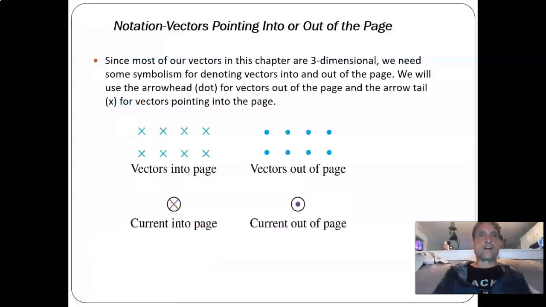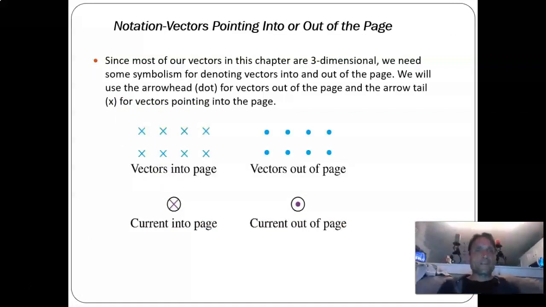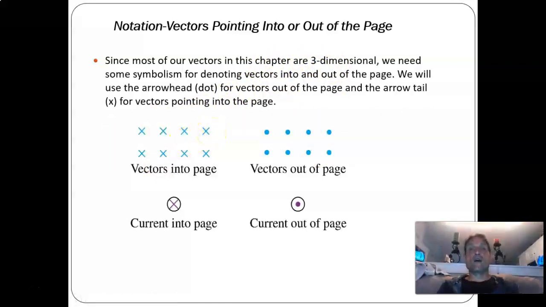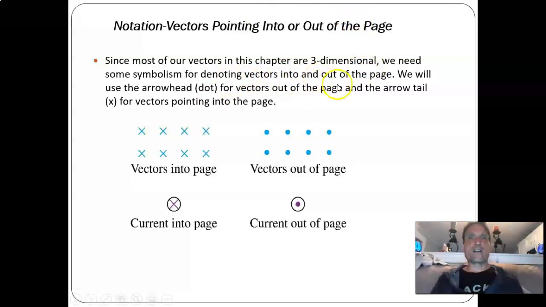Okay. So a little bit of notation here. Since most of our vectors in this chapter are three-dimensional, that means if two dimensions are in the paper or the screen, the third dimension has to lie into and out of the screen. So we need some symbolism for denoting vectors that point into the page and out of the page. And so we're going to use the arrow here.